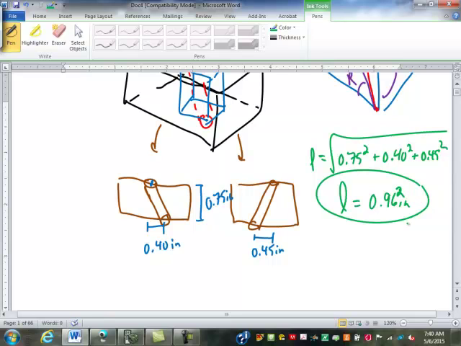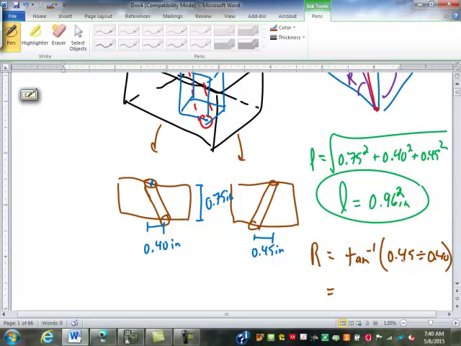Yep. R, how do we find R? Inverse tangent of what? Okay, so what's the width? 0.45 divided by the length of 0.4.